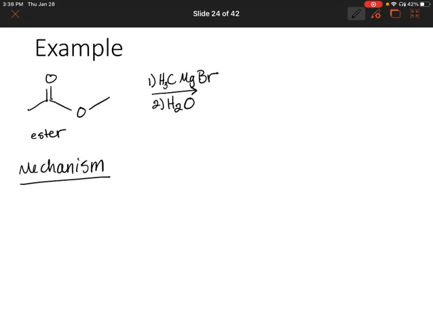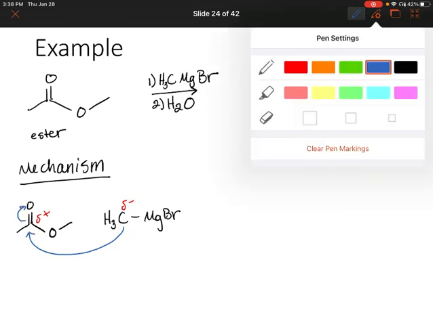All right, so let's redraw our starting materials. So just like last time, the partial negative carbon will attack the partial positive carbon on the ester, and electrons will move up to oxygen.